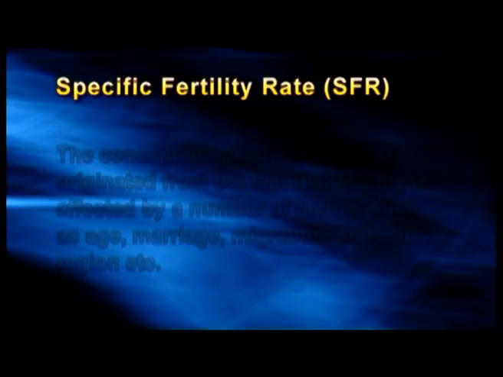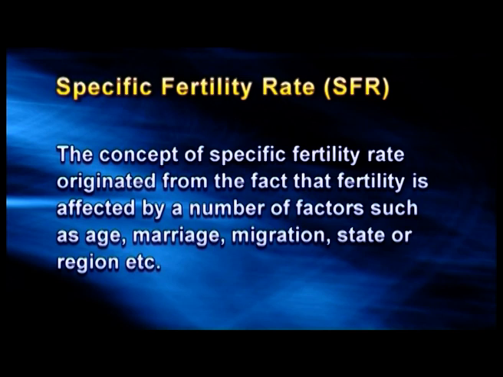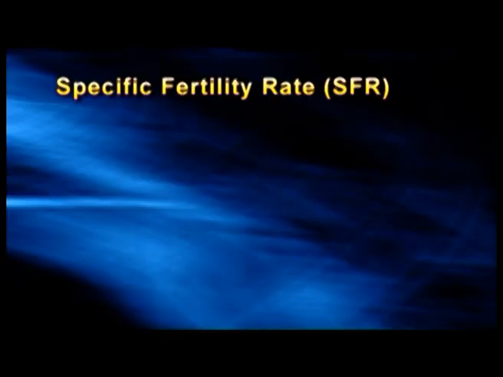Let us discuss specific fertility rate. The concept of specific fertility rate originated from the fact that fertility is affected by a number of factors such as age, marriage, migration, state or region, etc. The fertility rate computed with respect to any specific factor is called specific fertility rate.